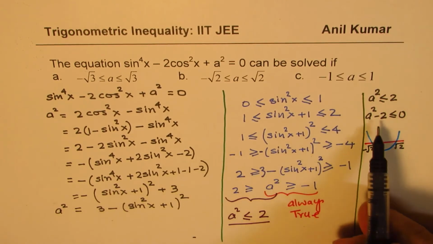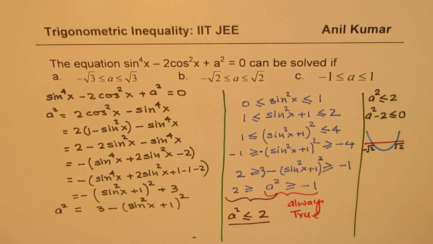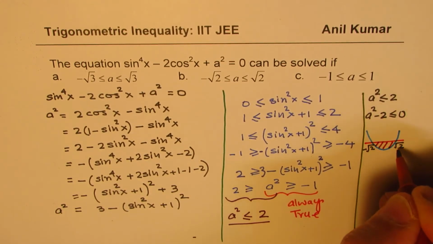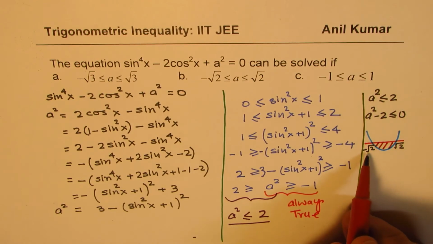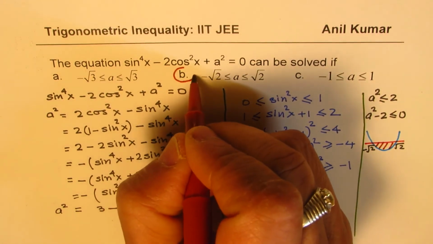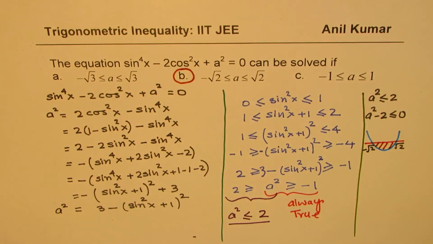We want this to be less than or equal to 0. That means we are looking into this portion which is less than 0. It is between minus square root 2 and plus square root 2. So option B is the right option. Do you get it?